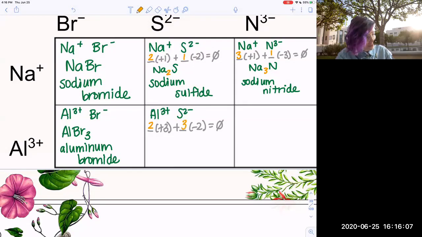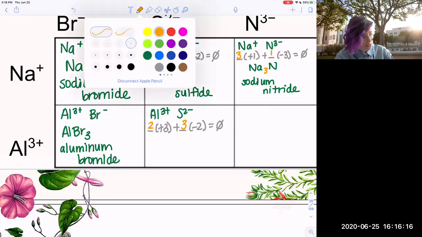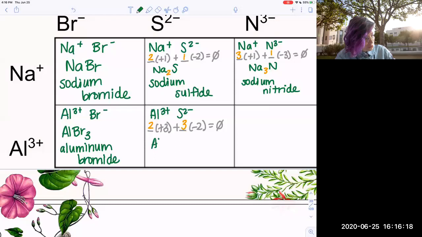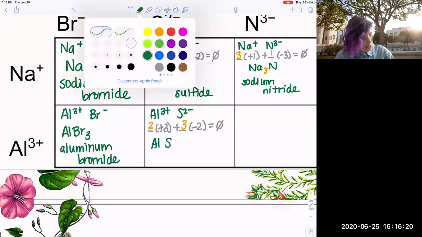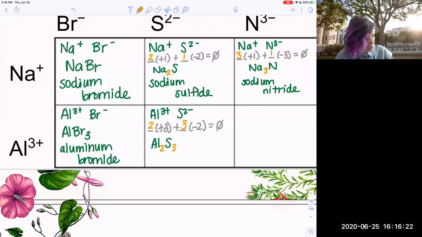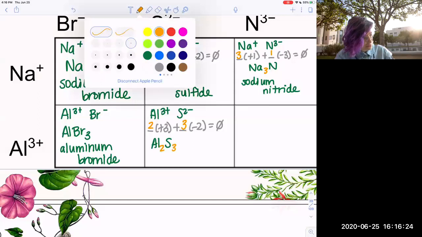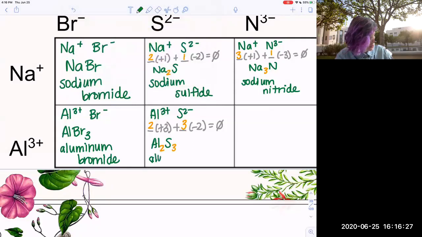I've got to multiply it by 3. So if it's not obvious, look for a least common multiple. If they're both the same absolute value, they will cancel out if one is positive and one is negative. So I need 2 aluminums and 1 sulfide to balance out. So I call this aluminum sulfide.